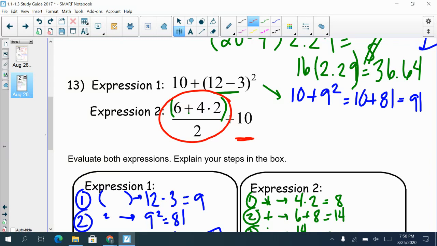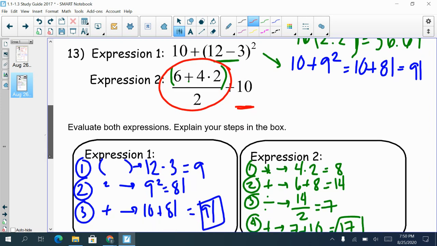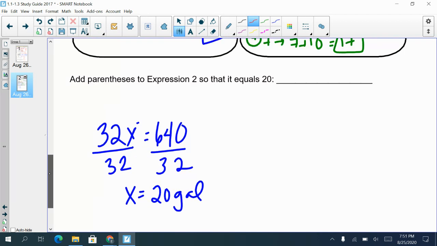So I was thinking, well, something divided by 2 and I want it to equal 10. So 20 divided by 2 gives me 10. So how can I get the top to equal 20? The way to do that would be 6 and 4 gives you 10, and then multiply that by 2.